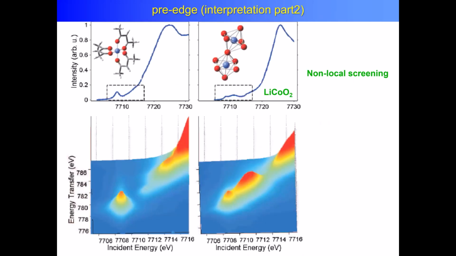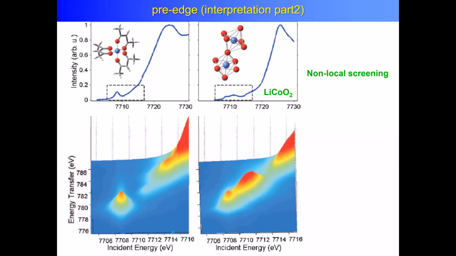And this immediately becomes clear if you do a RIXS experiment. This was an experiment again by Georgi Vanko. On the left, the isolated cobalt, so your quadrupole pre-edge and your edge. On the right, lithium cobalt oxide. You have your quadrupole pre-edge, you have your edge, and in between you have your dipole non-local peak.